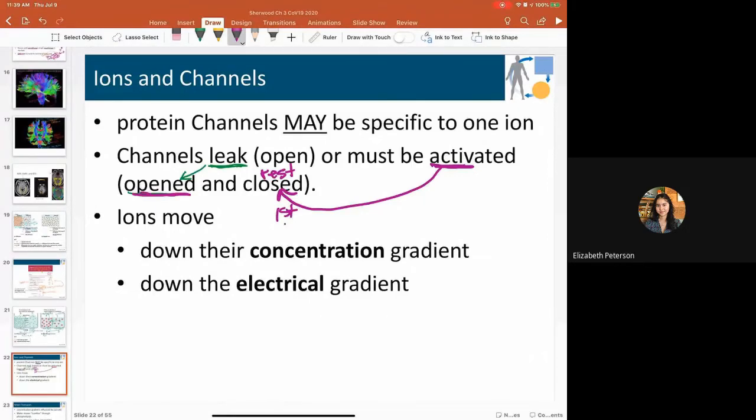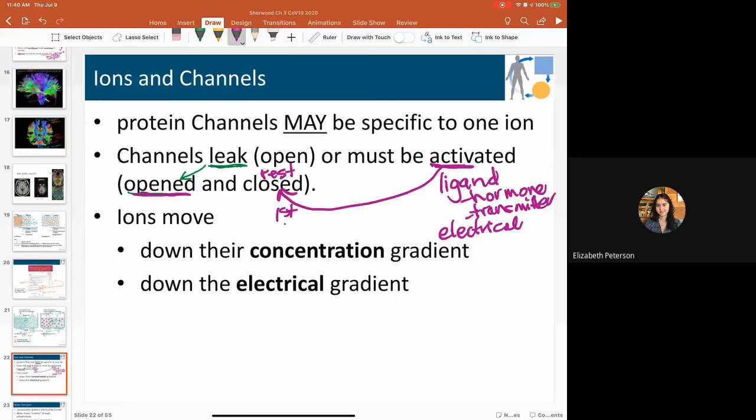These, I mentioned yesterday, they can be activated by a ligand, such as a hormone or a transmitter, neurotransmitter. Or they can be electrically activated. So we'll be talking about electrical activation coming up shortly.